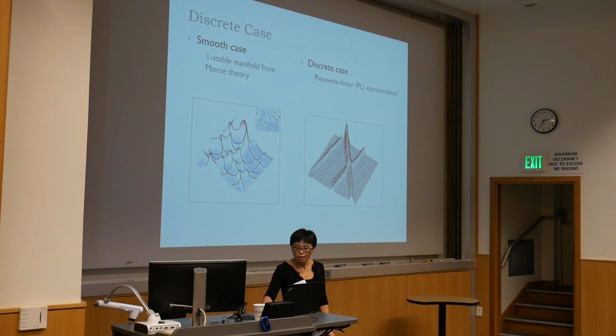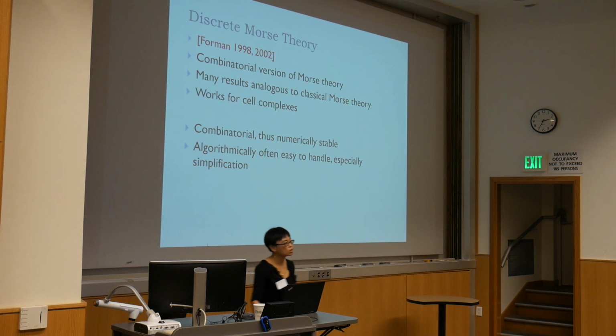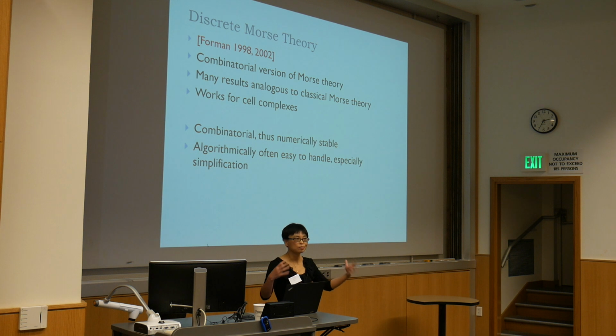So what we're going to do is actually use Forman's discrete Morse theory, which is essentially a combinatorial version of Morse theory. I'm going to introduce some of the key concepts in a moment.